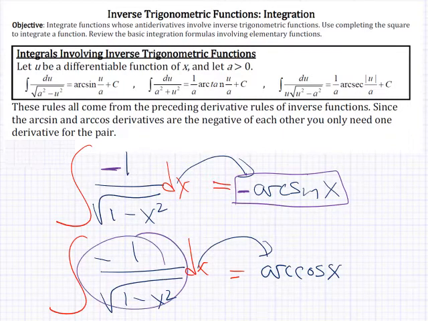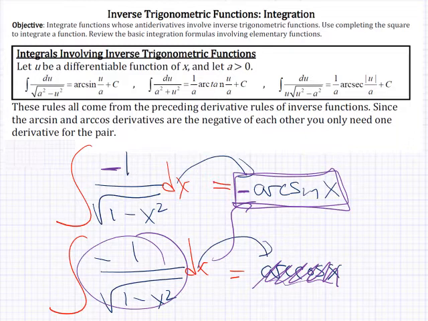So technically, I could say that the integral of the negative 1 over square root of 1 minus x squared is equal to arc cosine x, but it could easily just be the negative of the arc sine. And by doing this, what that tells me is that I really don't need to think about 3 of the trigonometric functions when it comes to integration in terms of going back to those inverse trigonometric functions. So we really only focus on the positive ones.